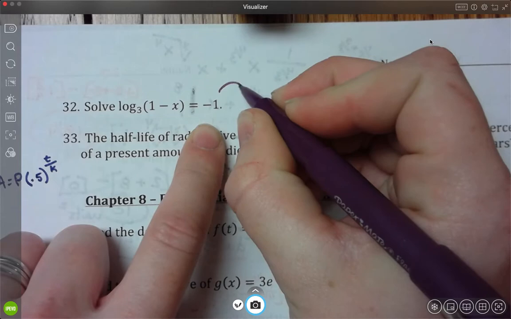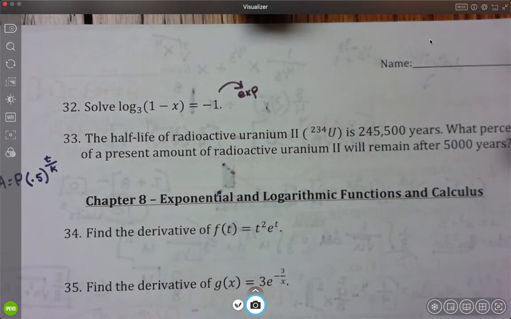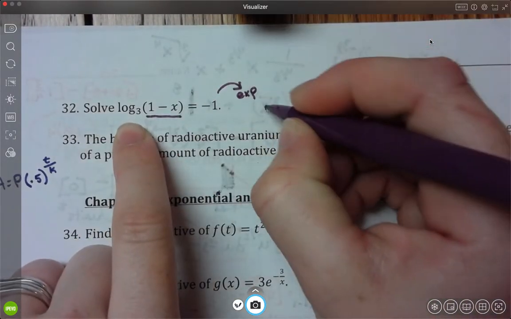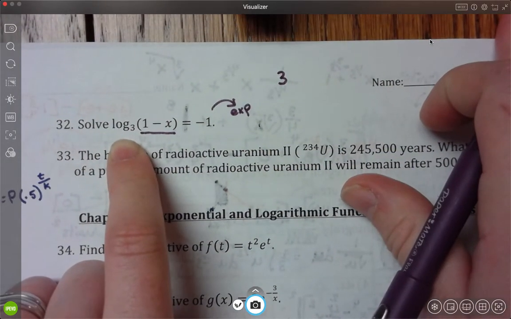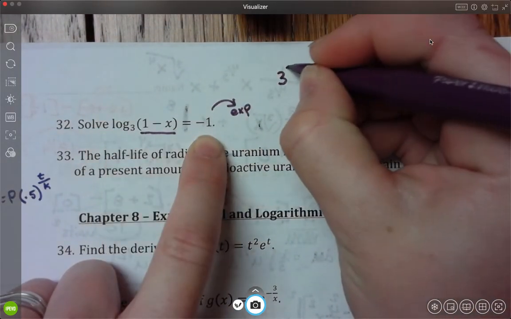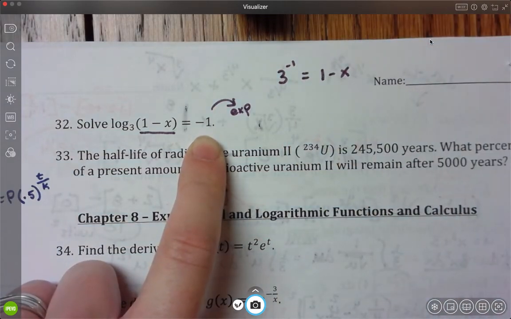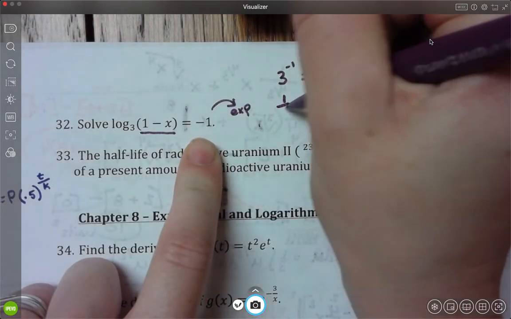Okay. And he's kind of weird because he's got a big, huge piece here in the middle, but that's okay. The base is going to stay the same, so the base is going to be 3. And then I just switch my numbers around. So 3 to the negative first power is going to be equal to 1 minus x. And then we just have to solve for x, okay? 3 to the negative first power is 1/3, okay?